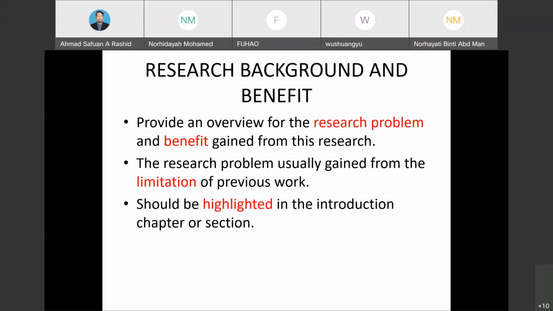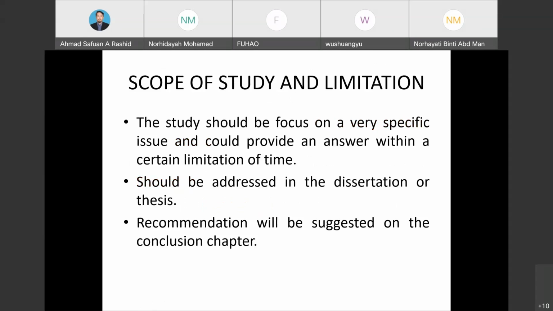Because once the examiner or the reader reads our thesis, they know that these are the limitations that have not been covered in the study.